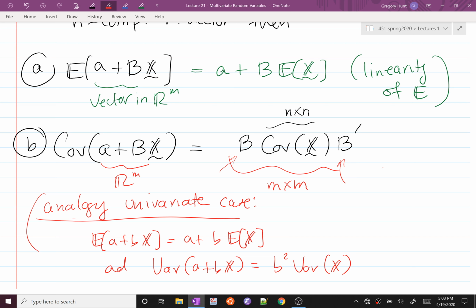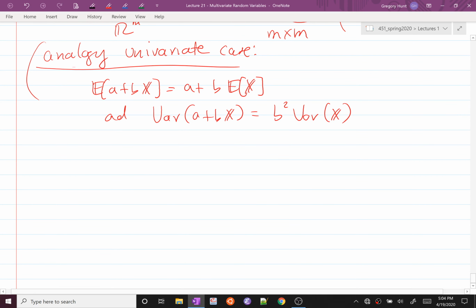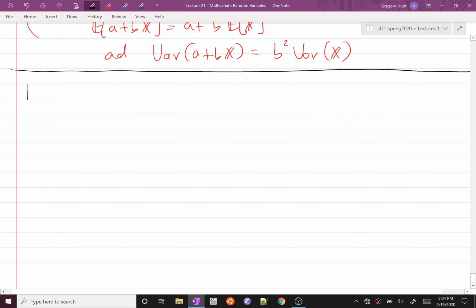So in the last couple of minutes, let's talk about the multivariate normal case. The most famous multivariate distribution is called the multivariate normal, and this is one of the most important distributions.